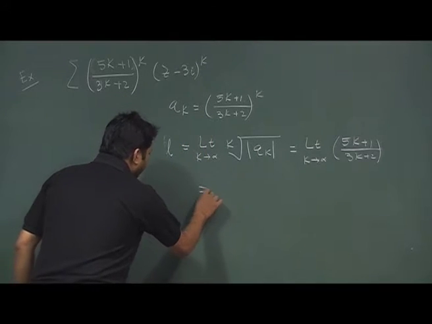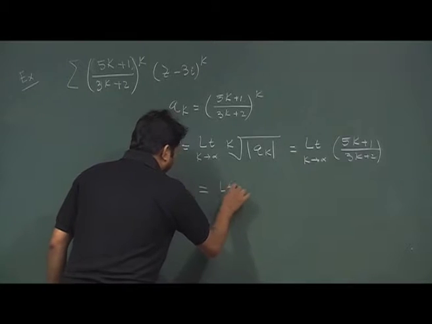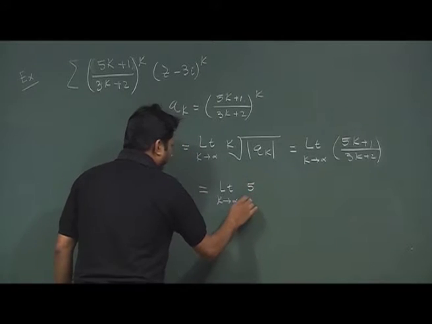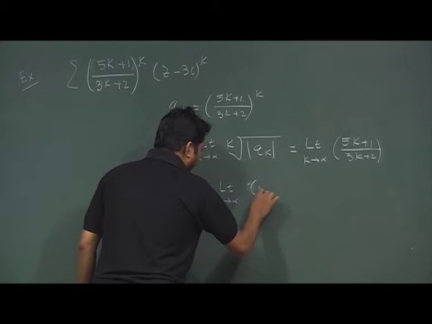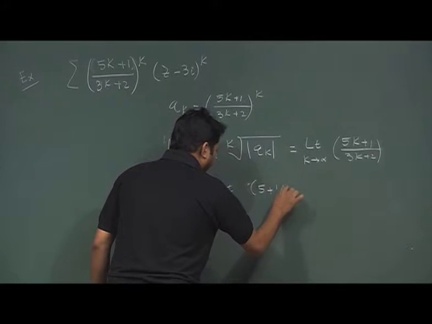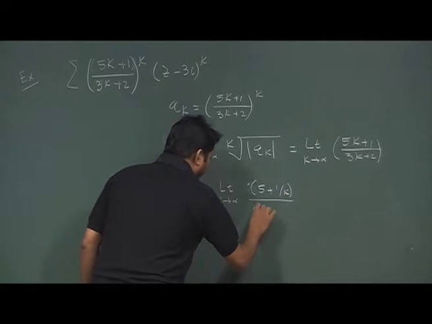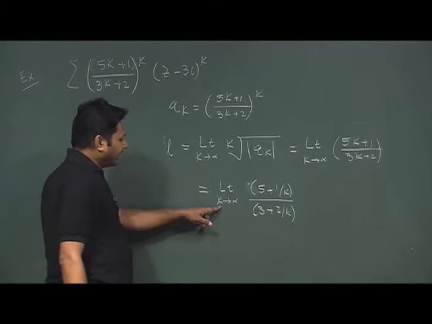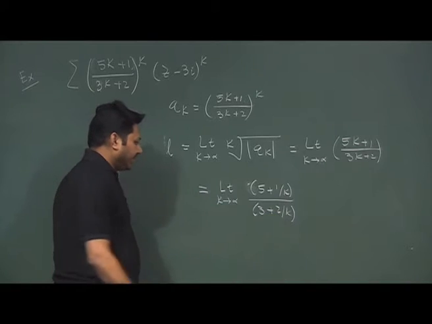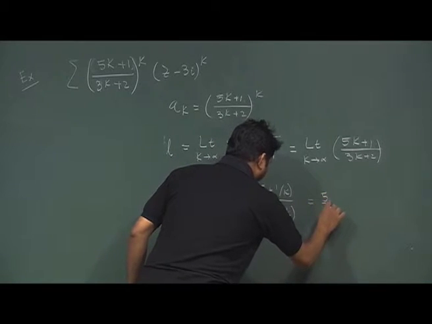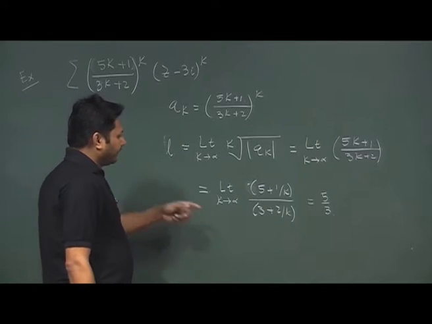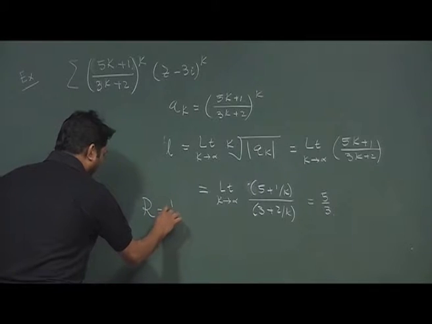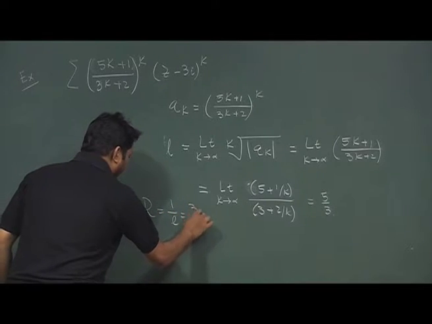Now if I put in the limit, taking k common out, it will be (5 + 1/k) divided by (3 + 2/k), and as k tends to infinity, these terms vanish, and finally we have 5/3. So L becomes 5/3, and R, which is 1/L, will be 3/5.